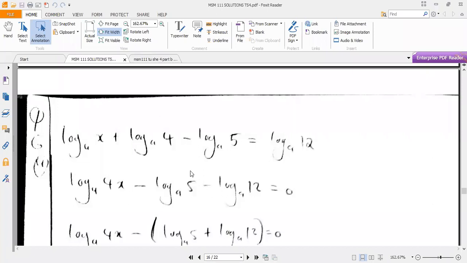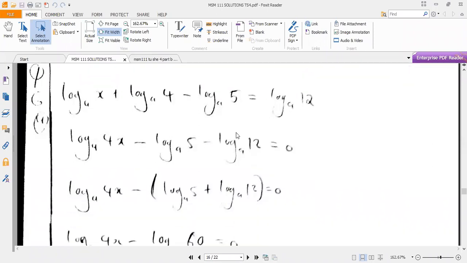Now you can easily see that here there's a minus and here there's a minus, so since the minus is common, we can factor it out. When we factor out the minus, we have log base A of 4x minus, open bracket, log base A of 5 plus log base A of 12.